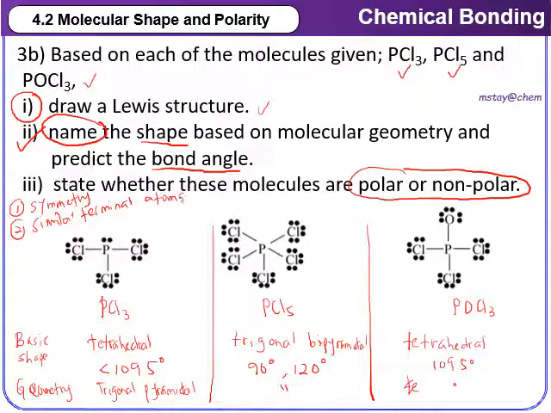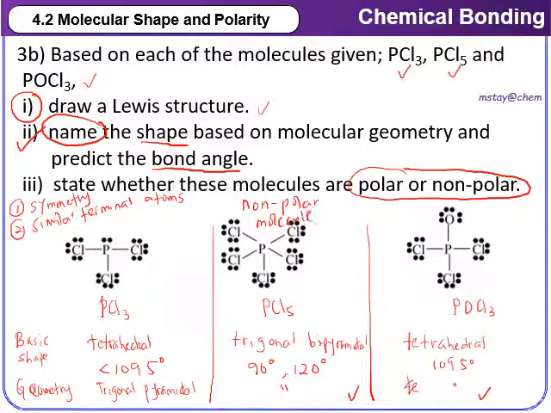In this case, trigonal bipyramidal and tetrahedral are symmetrical basic shapes. When we check the terminal atoms for PCl5, all the terminal atoms are similar, so this is a non-polar molecule.